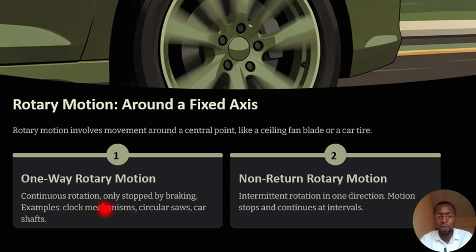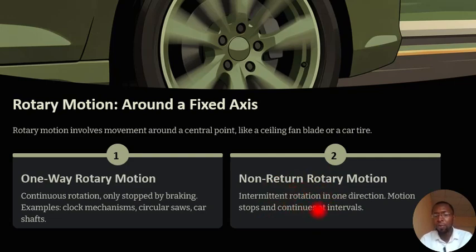Those wristwatch that do not have digital type, that you have the 1 to 12 being numbered, and then you see the second arm moving in the rotary motion. So this is called the one-way rotary motion because it can only stop in its own case when the battery is down. The second type of rotary motion is called the non-return rotary motion. Still, the object is moving in a circular form about the axis, but this time around there is intermittent movement.